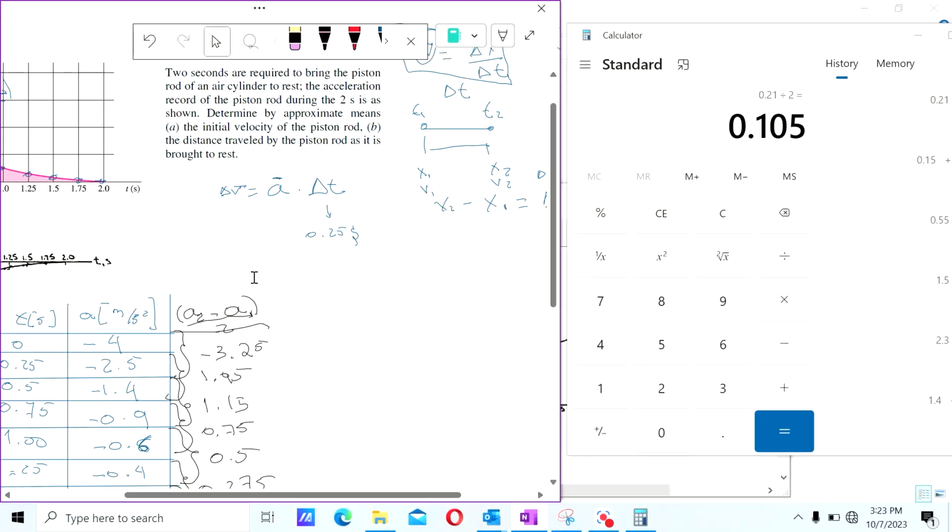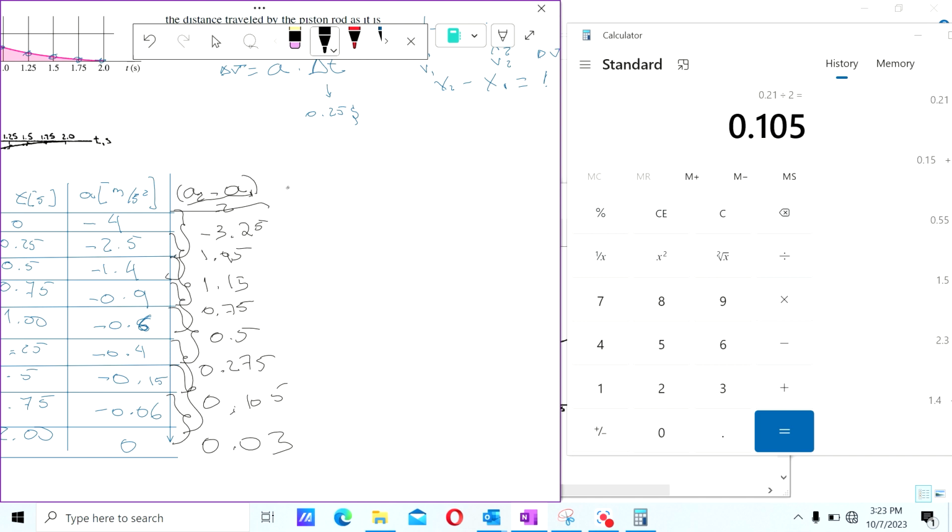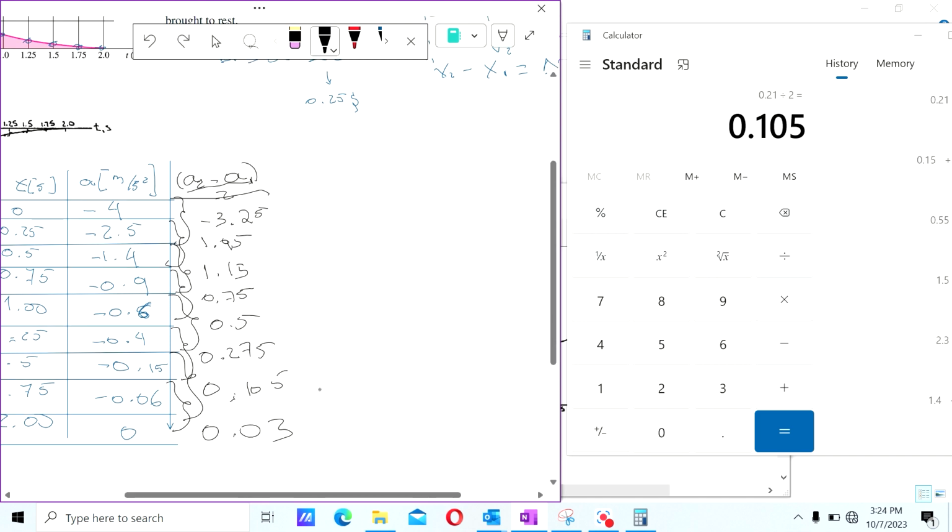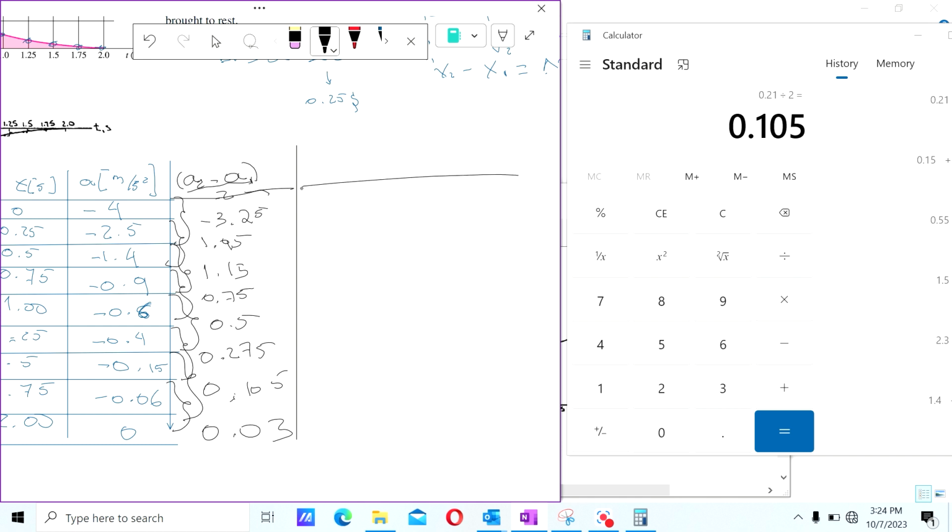All right, so the next thing we're going to talk about is our velocity, but I need to create this part first. Okay. All right, so the next one is going to be our average velocity. So that will be our delta V in meters per second.